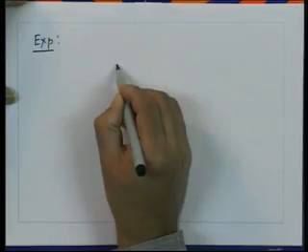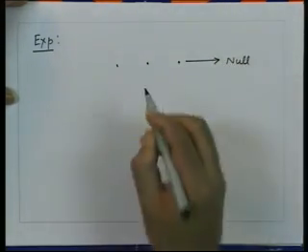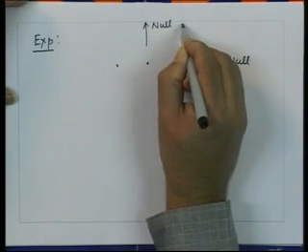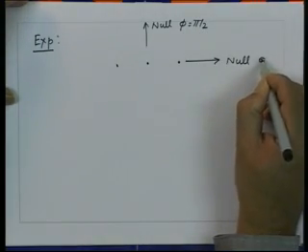I do not know how many elements will be required by this, but since there are two nulls which are specifying the radiation pattern, we require a polynomial of degree 2, that is 3 elements. So, this is the array which is now a 3 element array, I have a null in this direction and we want a null in this direction. So, this corresponds to phi equal to pi by 2, this corresponds to phi equal to 0.